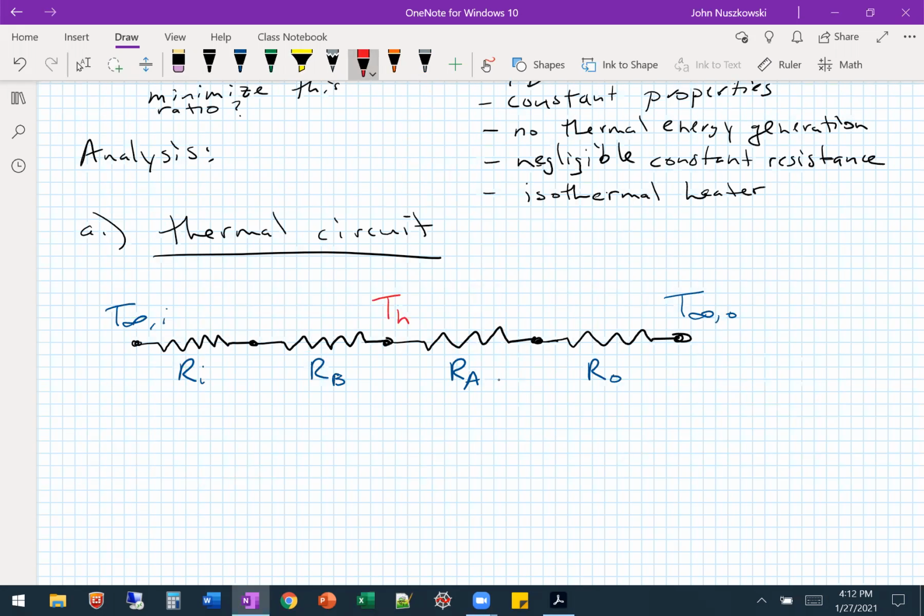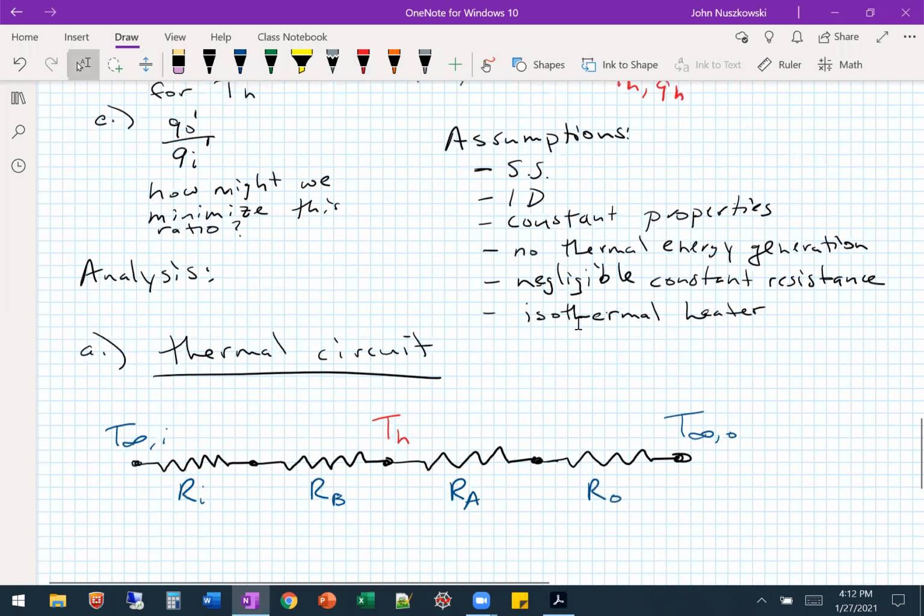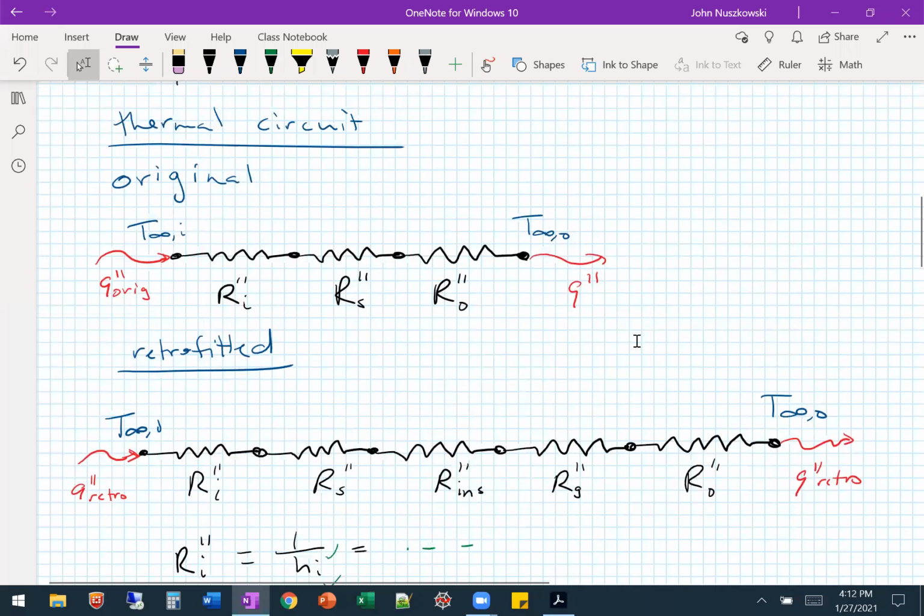So now we need to draw one last thing. What else do we need to draw on our thermal circuit? What else did we have here? The heat flux.